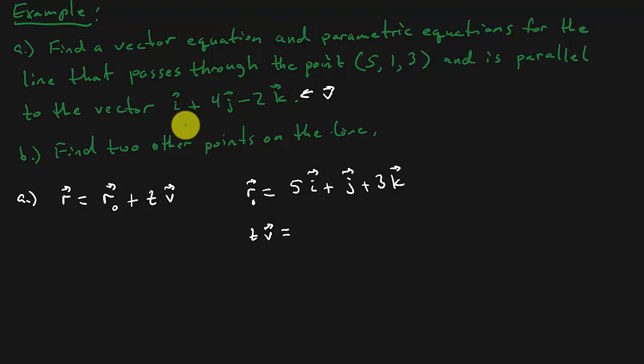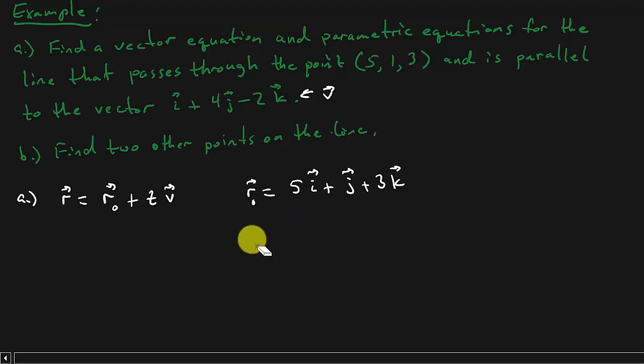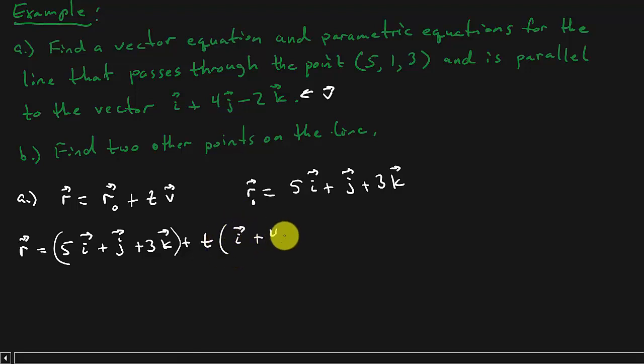And so let's do vector r is equal to vector r0, which is this vector, 5i plus j plus 3k, plus t times vector v, which is this vector, i plus 4j minus 2k.